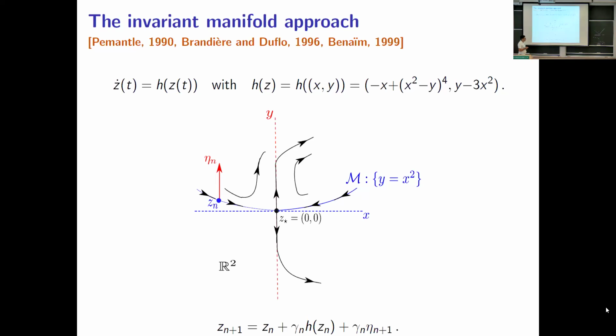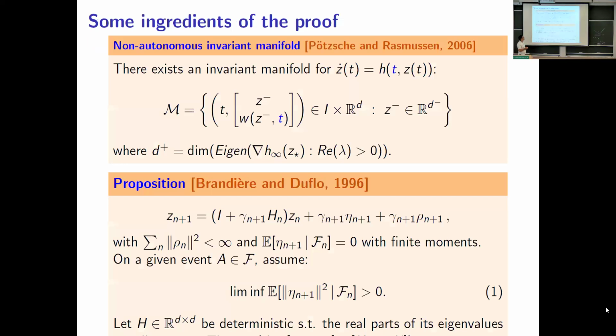Okay, so now we have an idea about how to prove this result. But just to be a bit more technical, I will not go fully into the full proof, but I just want to mention two tools that are important to extend to the non-autonomous setting. In the dynamical systems literature, these non-autonomous invariant manifolds have been shown to exist and been well studied by Pötzsche and Rasmussen and some other people who developed a line of work on that.